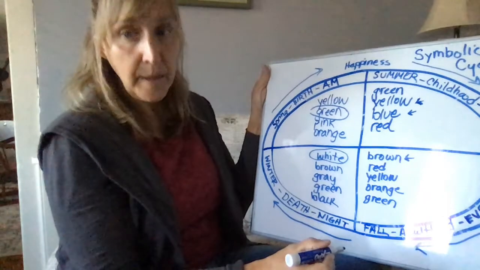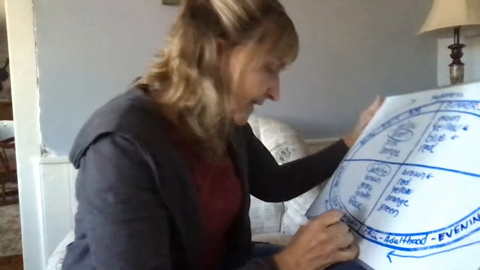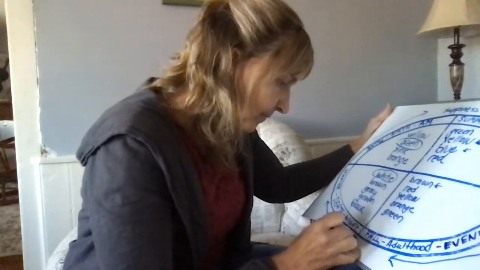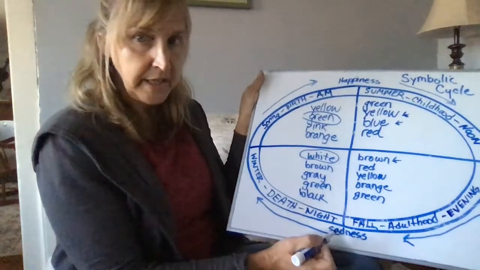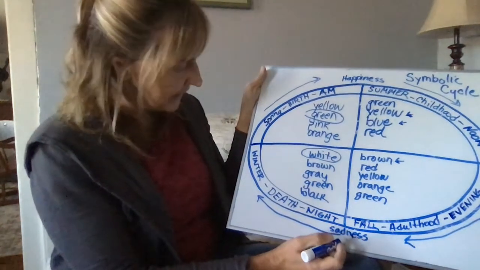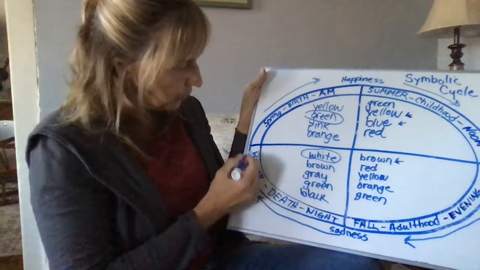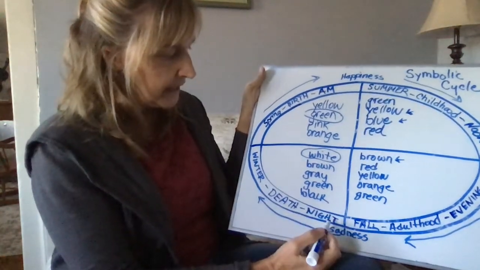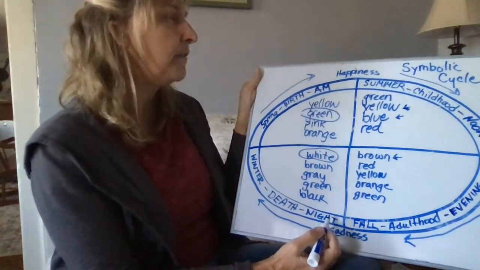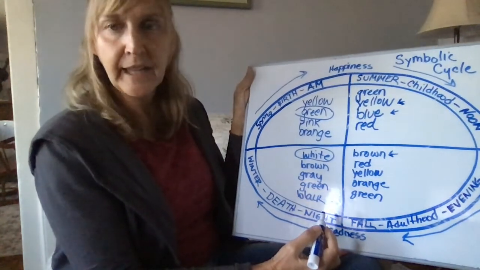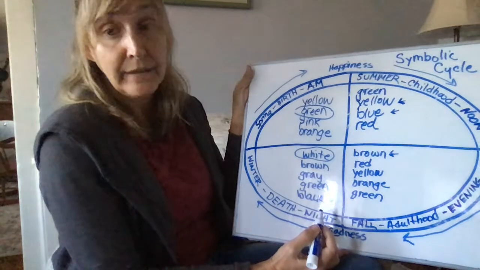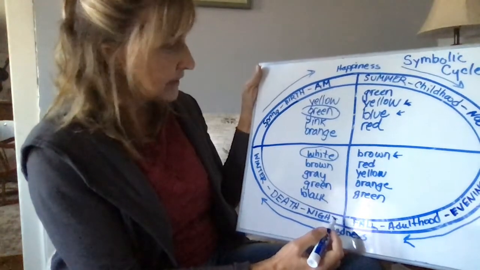And of course, the opposite of happiness is sadness. So I went ahead and I put sadness down here. And if you look at sadness, that certainly does go with winter and death, right? If you think about people who have that condition where they don't get enough sunlight in the winter, and they truly do get literally sad and depressed.